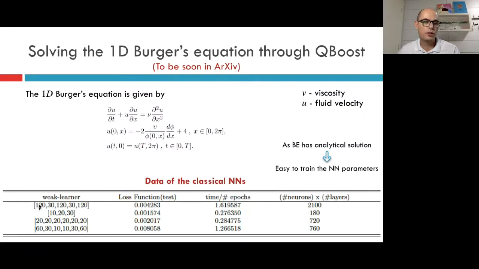Here are the number of neurons in 1, 2, 3, 4, 5 layers in each neural network. The value of the loss function for this neural network is this one, and so on. Time over number of epochs is here, and number of neurons times number of layers is here.